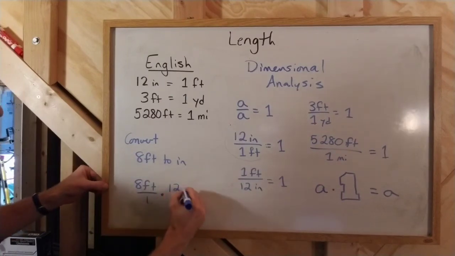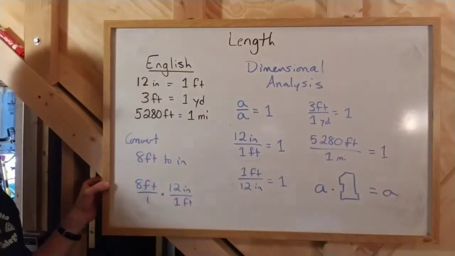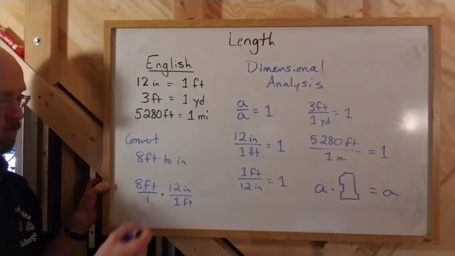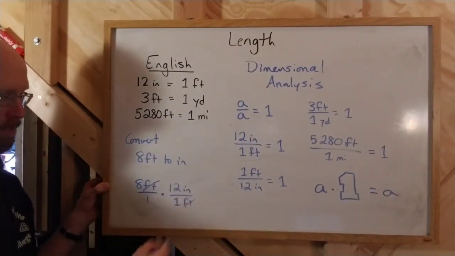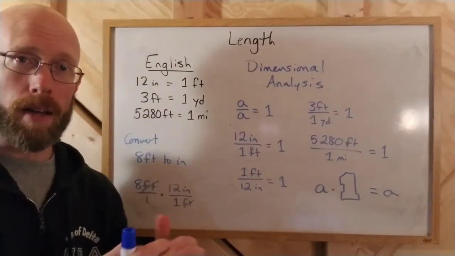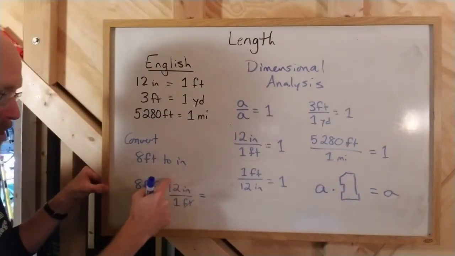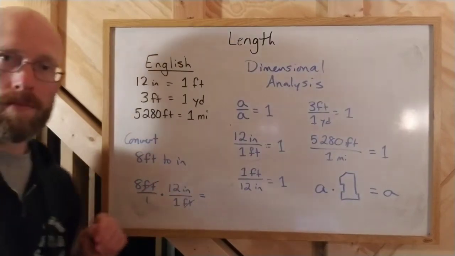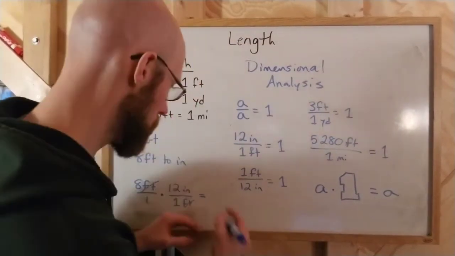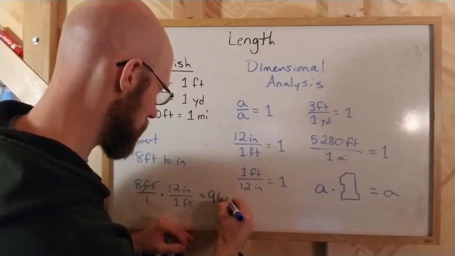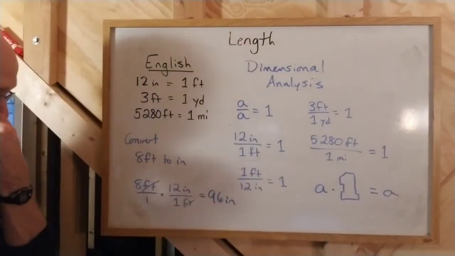So I want 12 inches over 1 foot. Okay, and you kind of think of it this way, that you're canceling the feet out because there's one on top, one on the bottom. They cancel. And what you'll be left with is 8 times 12 inches, right? And 8 times 12 is 96. And so we get a 96-inch distance.